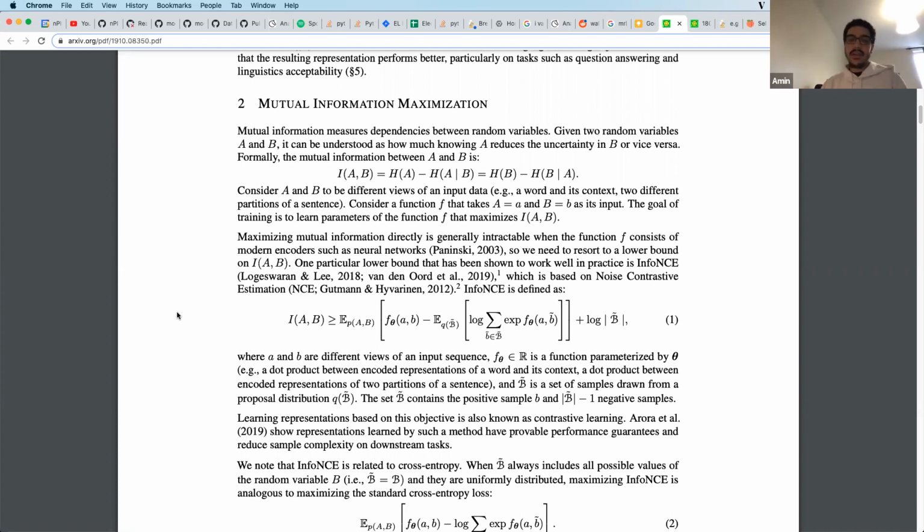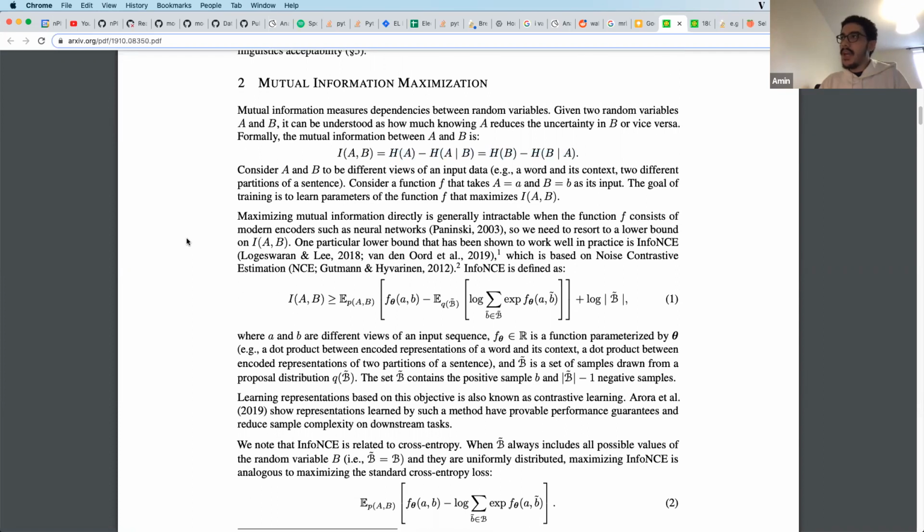In this case, uncertainty is measured using Shannon's entropy, and so the equation here fits exactly that description. And so, as it says, the goal is to learn a function that takes the two views of a sentence here.